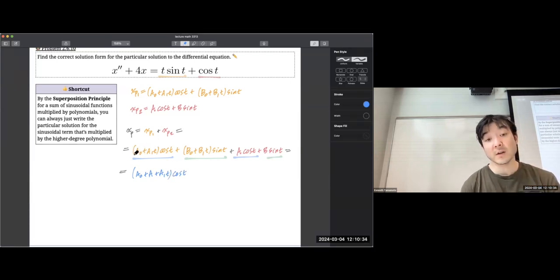That's just saying, if I distributed this out and then factored out the cosine again, that's what you'll get. And then you get plus, I'll use green for the ones underlined in green, B naught plus B plus B1t times sine of t.